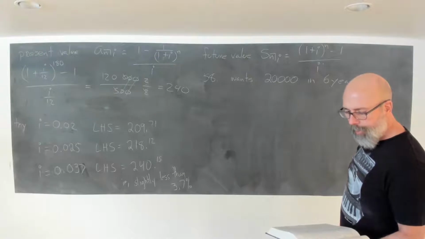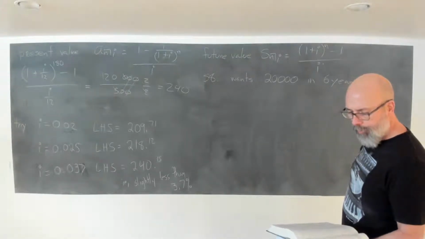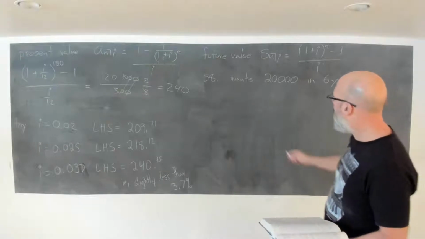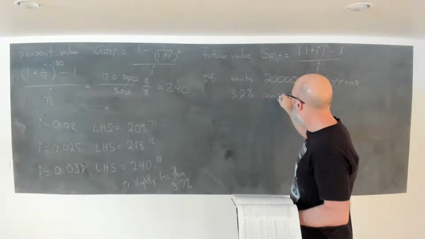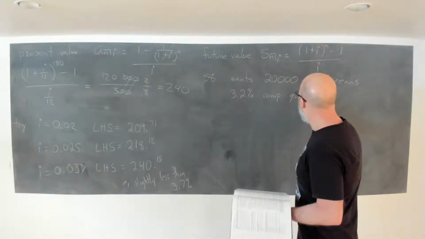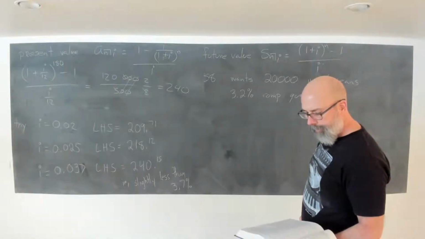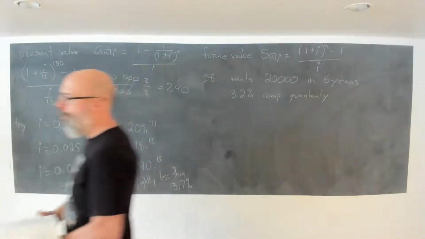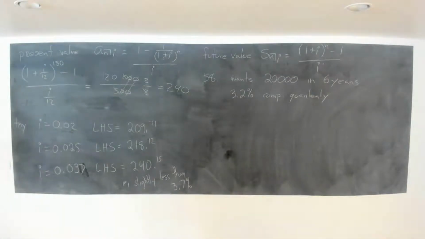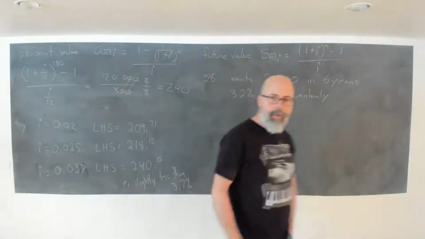How much money must she deposit at the end of each quarter in an account paying 3.2% compounded quarterly, so that she will have the down payment she desires? So how much money must she deposit every quarter?